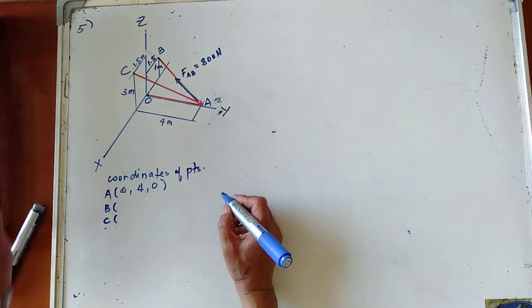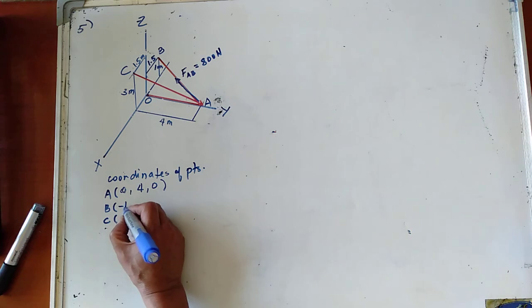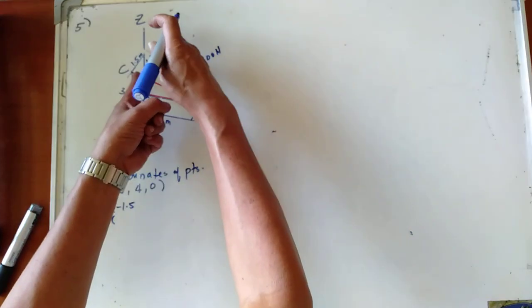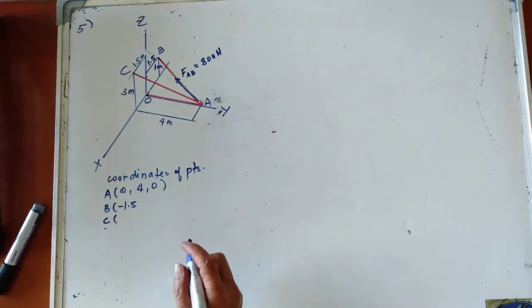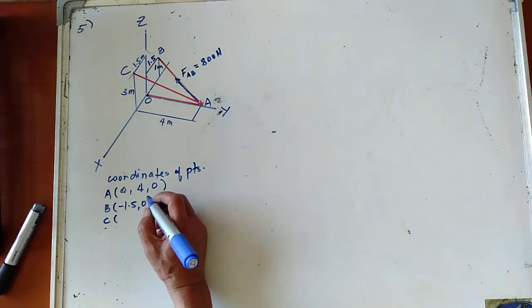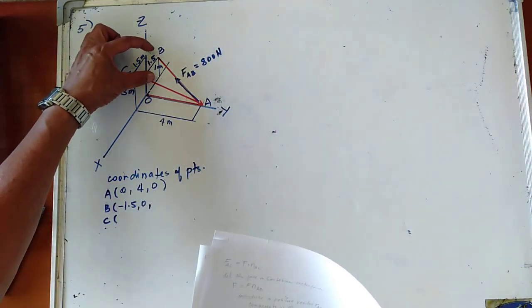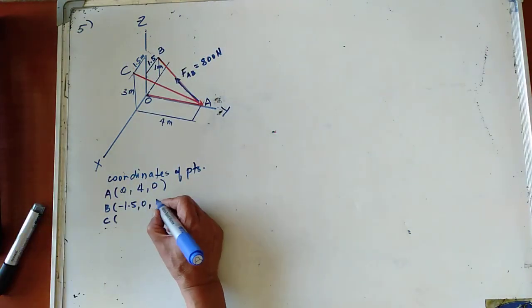So for point B, the x-coordinate is negative 1.5. Your y in here is equal to 0, and then your z in here is positive 1.